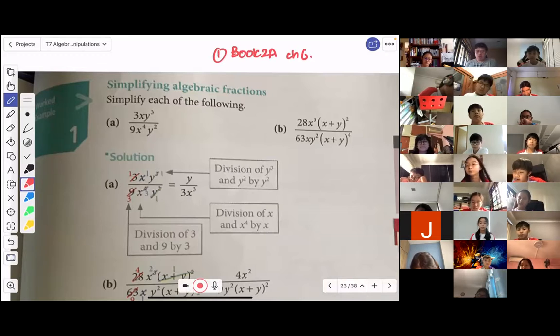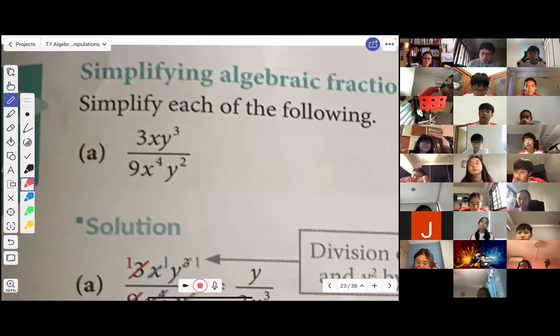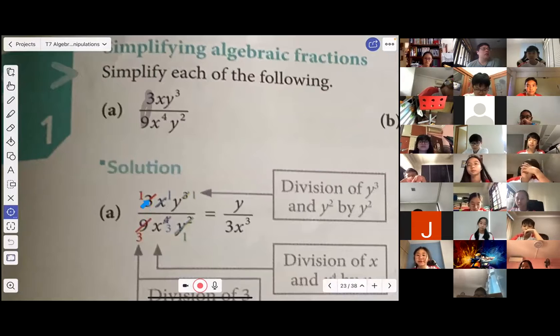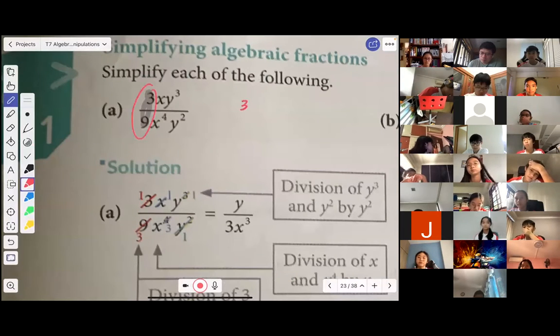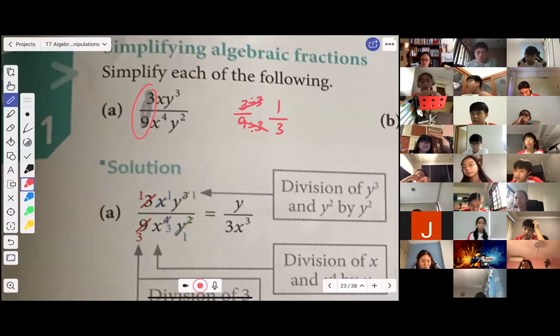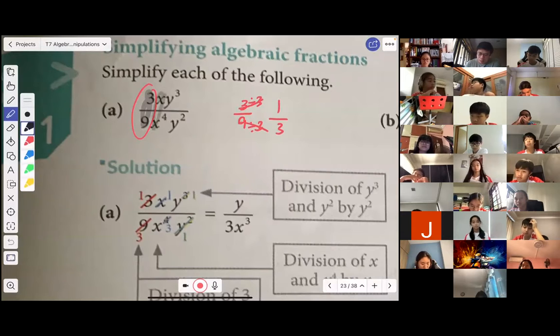Let's go through this portion here. Let's say we look at 3 and 9. I basically cancel the top and the bottom: I divide both by 3, giving 1/3. Second section, x over x to the power of 4.